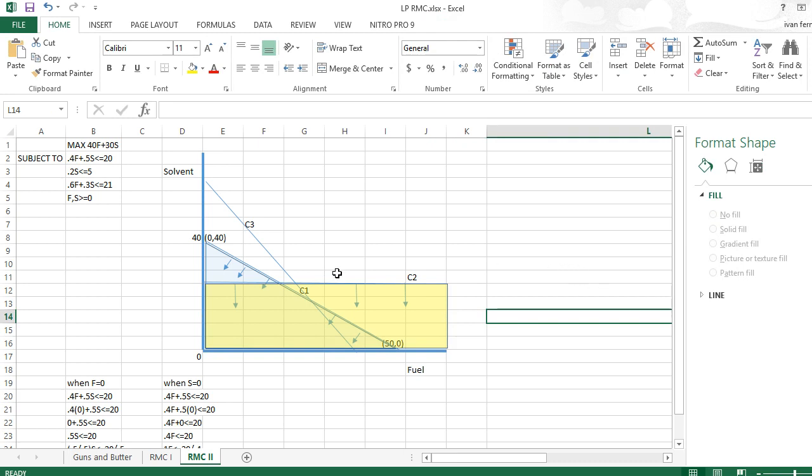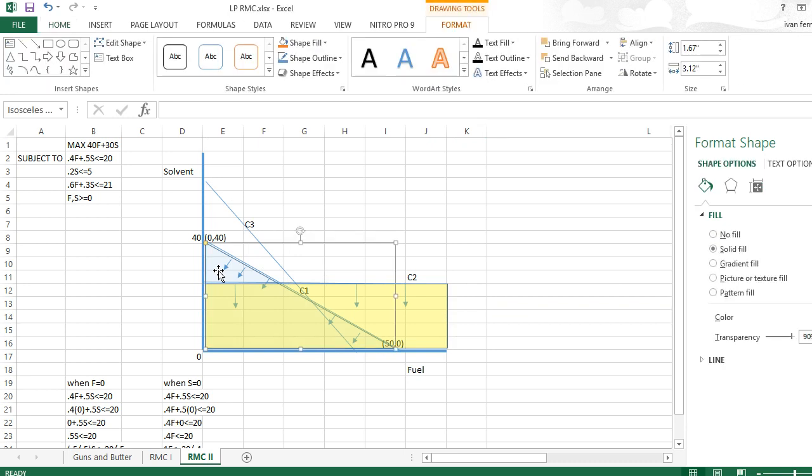And then finally, the last constraint, which is over there. This is for constraint 3. I'll make that red.